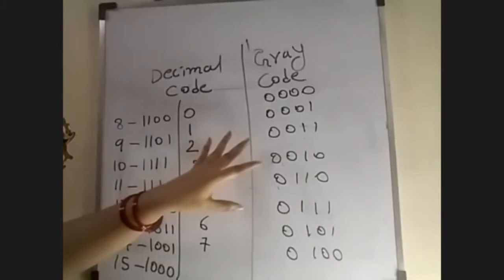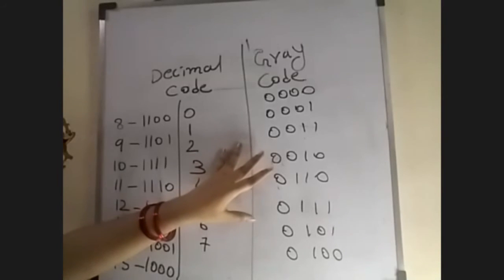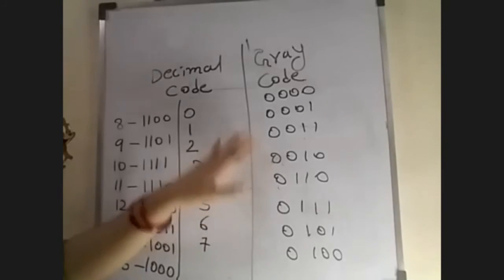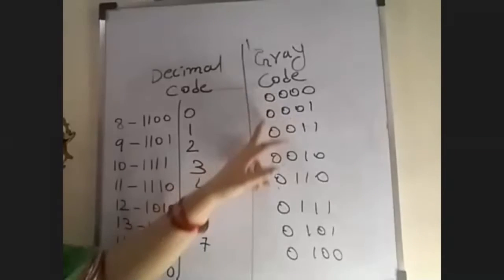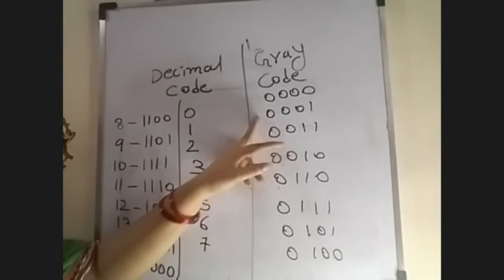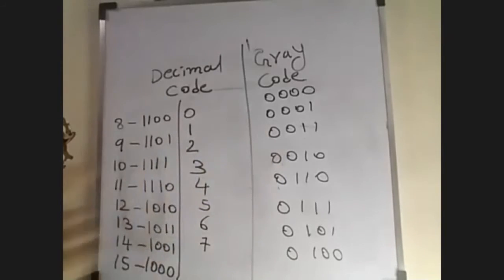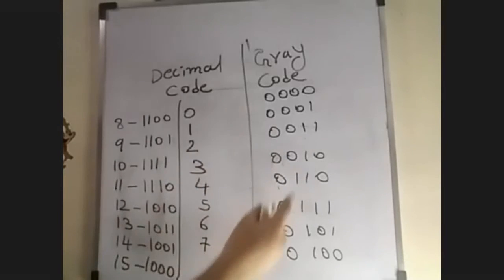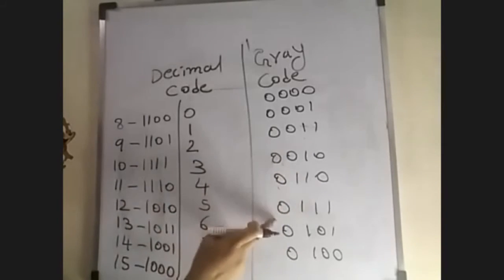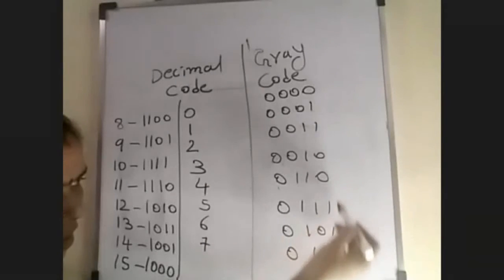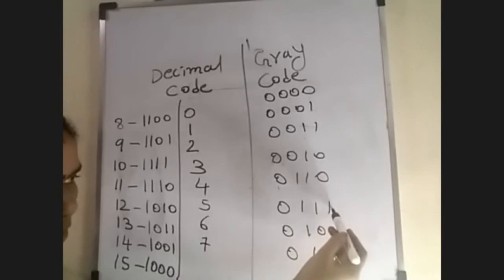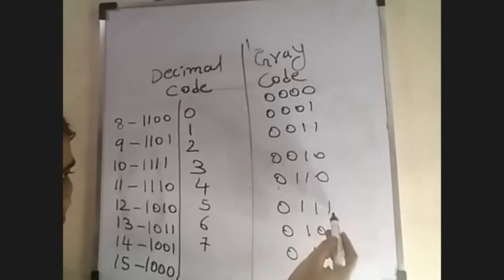So why is this gray code called a unit distance code? What is the unit distance code definition? Bit patterns for 2 consecutive numbers differ in only 1 bit position. Either you can take these 2 adjacent groups, only this bit position changes, that means 0 to 1.